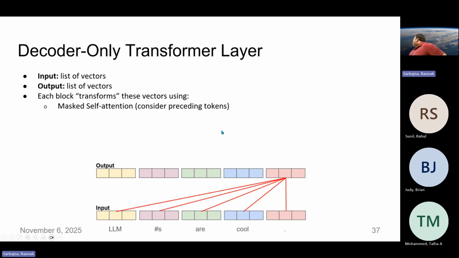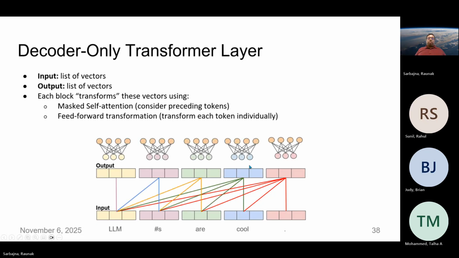Each of these individual outputs is coming through the neural network, through the entire transformer architecture. It is taking all of these things as input to a neural network, and each token is individually transformed and recreated to get the output.